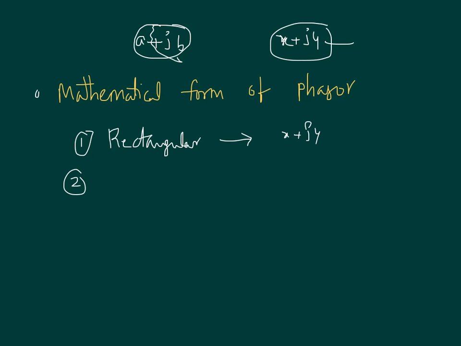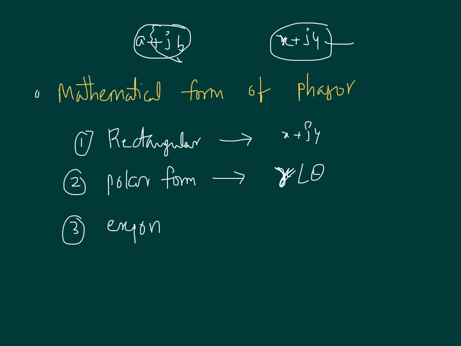Second one, polar form, which is r at an angle theta. And third one is exponential form, e power j theta.